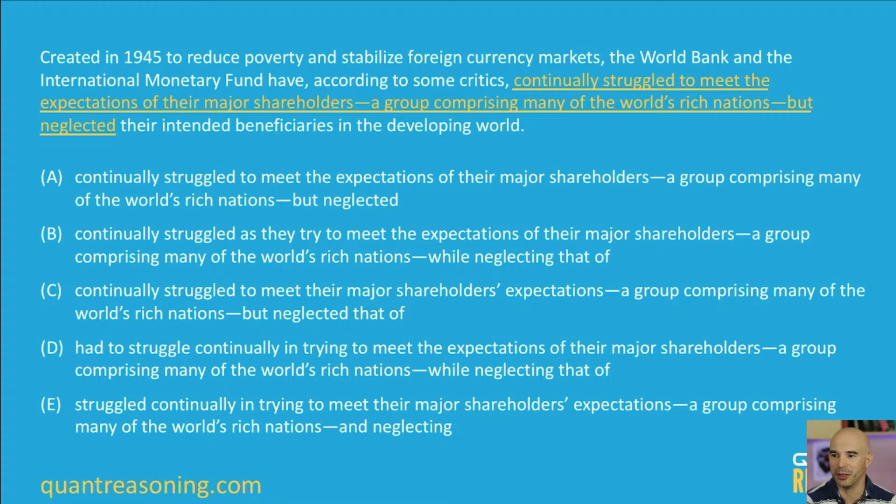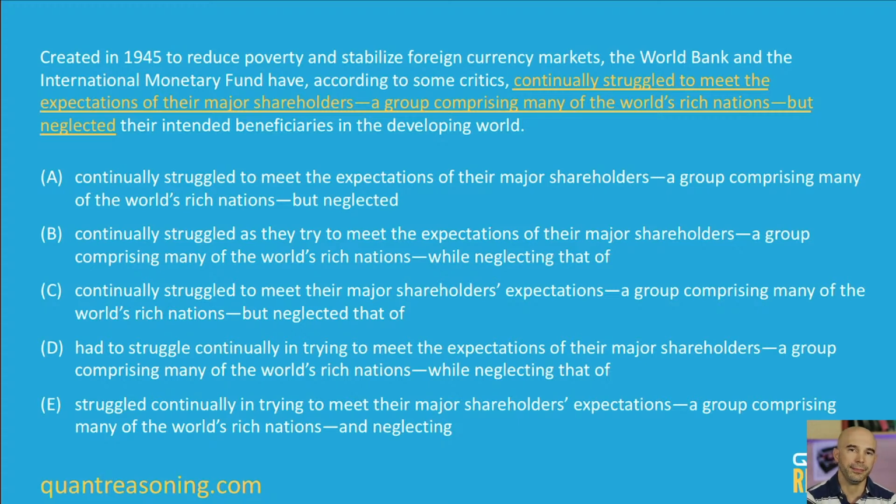And you'll see that no, they're all exactly identical between the dashes. So that's not an important part. So they continually struggled to meet the expectations of their major shareholders, but neglected their intended beneficiaries in the developing world.